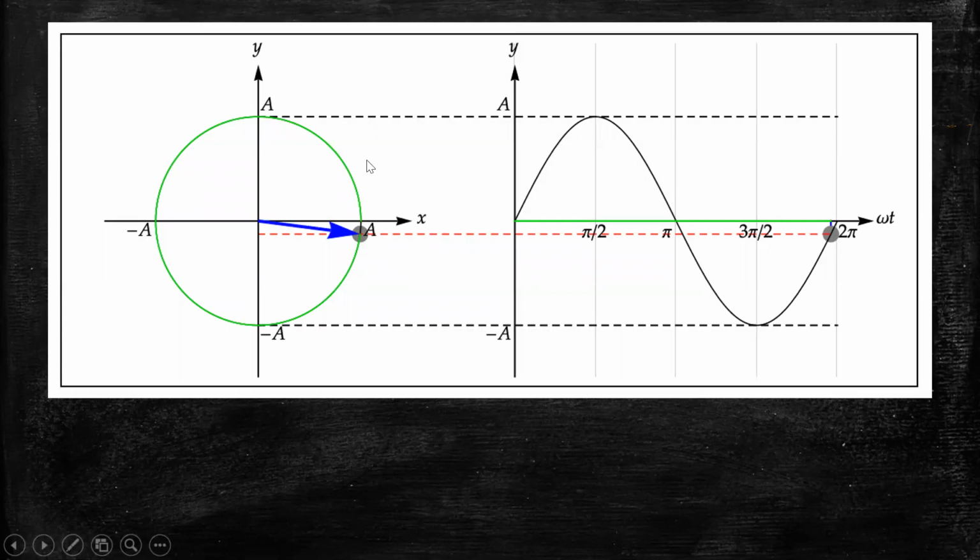This uniform circular motion is on a path known as the reference circle. Meaning all simple harmonic motion has a corresponding uniform circular motion path, or a reference circle. And it is applicable when the radius of our uniform circular motion is equal to the amplitude of the sine of the simple harmonic motion.